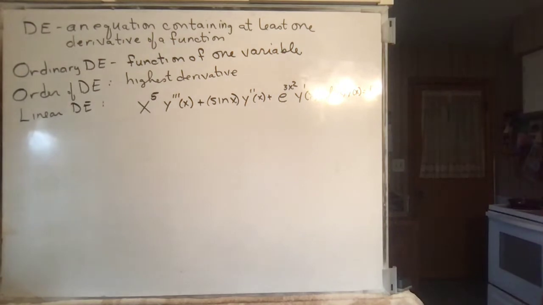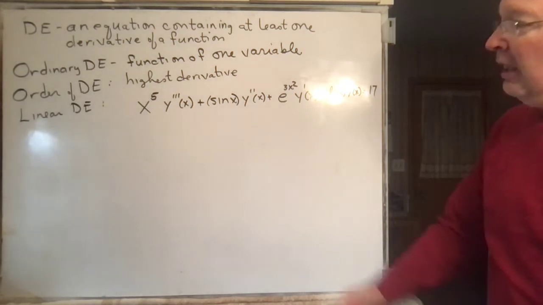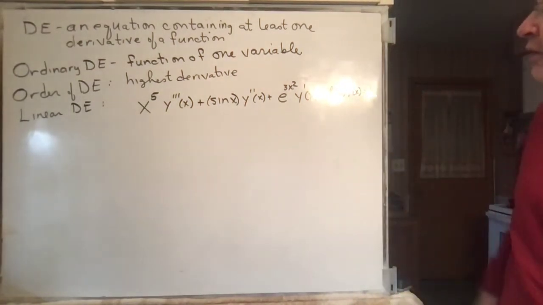I'll just say it's equal to 17. So that's an example of a linear DE.